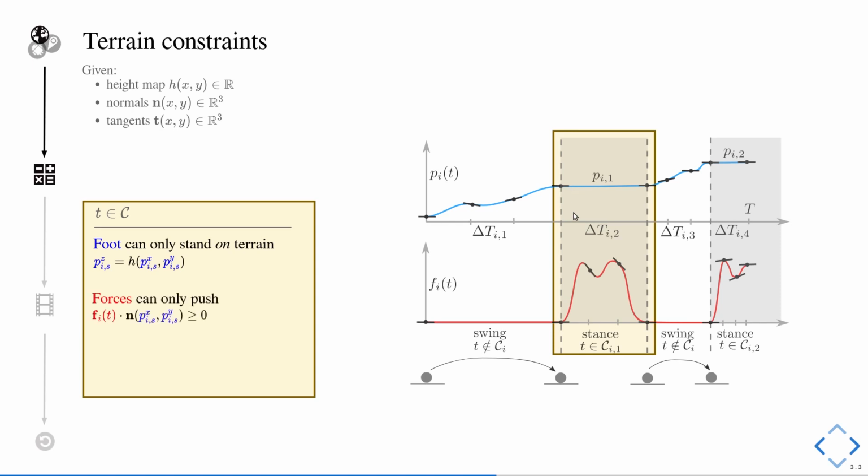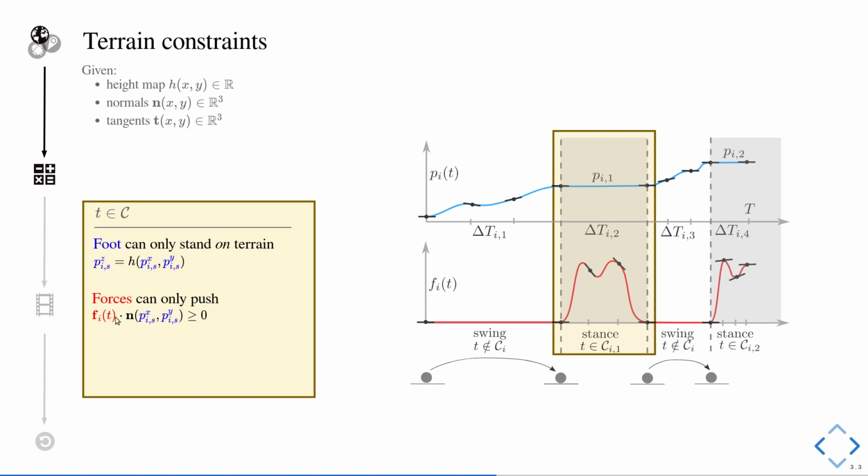A further constraint that's very inherent to legged locomotion is that forces can only push on the ground and not pull on it. This is also called unilateral constraints. What this means is that when walking and we're stepping on the ground, our feet cannot pull on the ground.